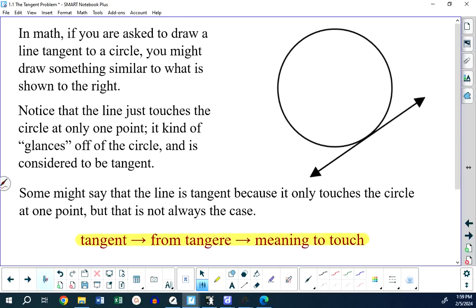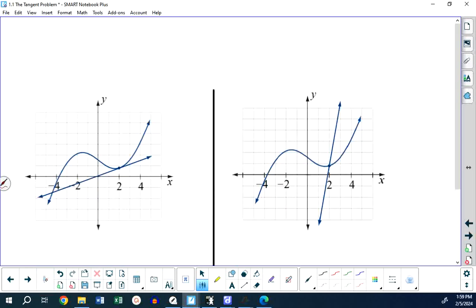But I've got two graphs here, and I'm talking about the point on the function where x equals 2. Let me highlight that point for us. I'm talking about this point here. And I think it's quite clear that the graph on the left has a line that's tangent to the curve at that point. Intuitively speaking, that makes sense. And when I take a look at the line on the right, I hope you would agree that the line on the right is not tangent to the function at x equals 2.